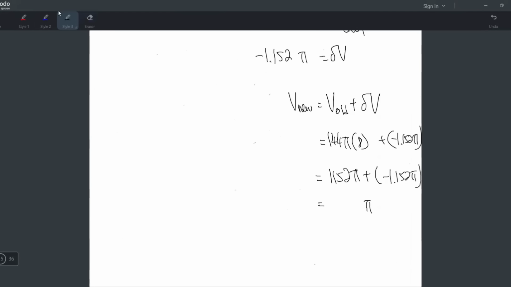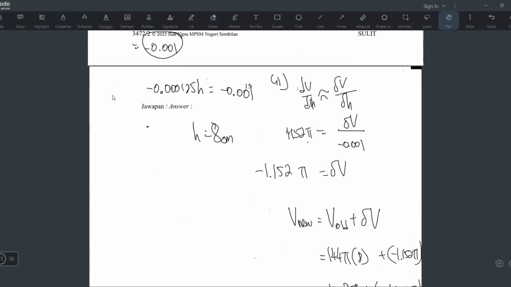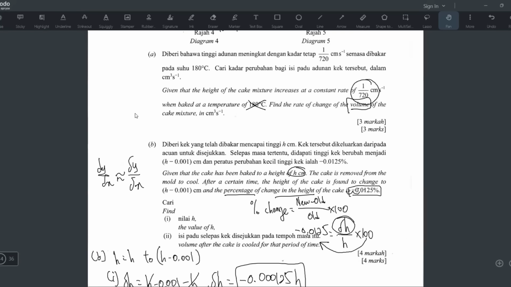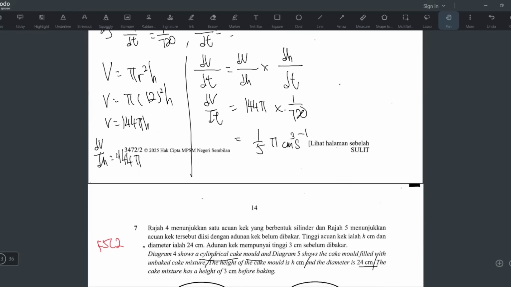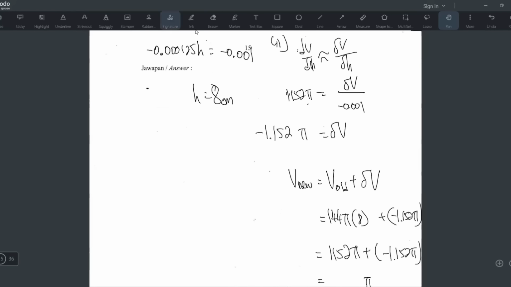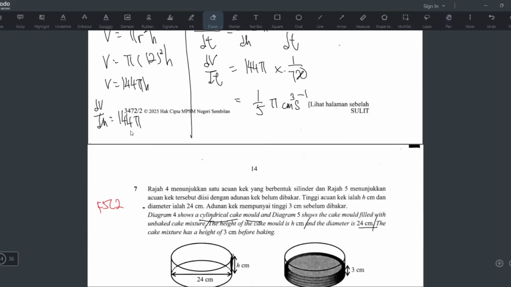But I feel like I did something wrong here. Okay, wait. dV/dh. What's dV/dh? Oh my god. The dV/dh is 144 pi, right? Yeah, 144 pi. So why did I write 1152 pi? I thought the dV/dh is 144 pi h.